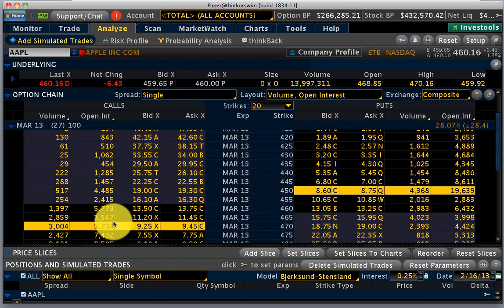So by looking at all these strike prices, you can certainly come to a decision that there is probably more bearish pressure on Apple right now, just because there are so many contracts in the open interest on the put side.